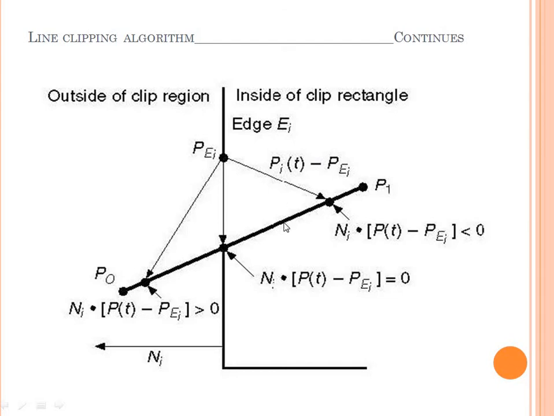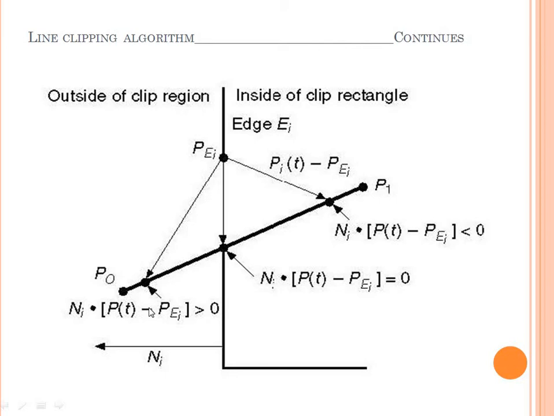rectangular window. Then for the point A, theta is less than 90 degrees. Then the dot product is greater than 0, because this distance vector and this normal are in the same direction. In the other case, the distance vector direction and the normal direction are opposite to each other, so that is negative and this is positive.